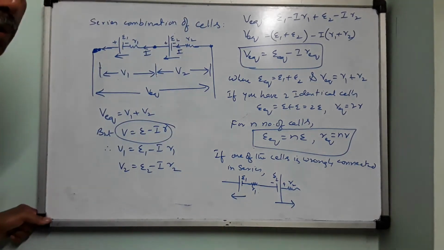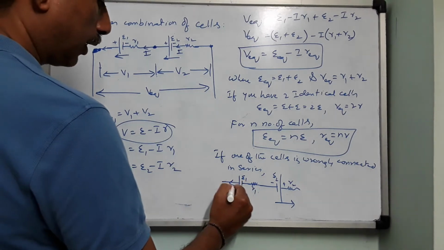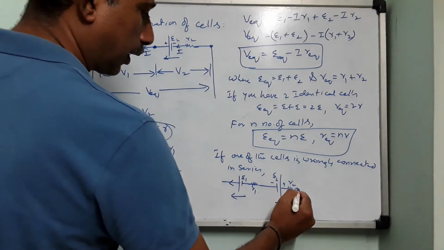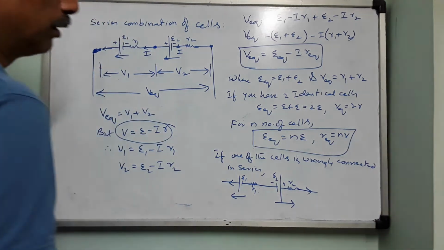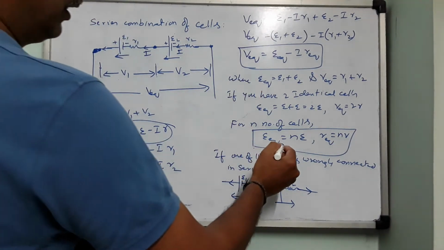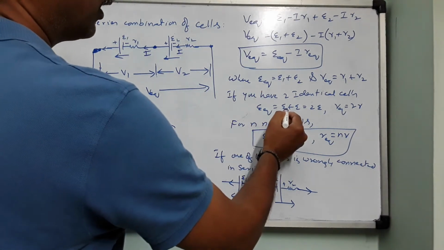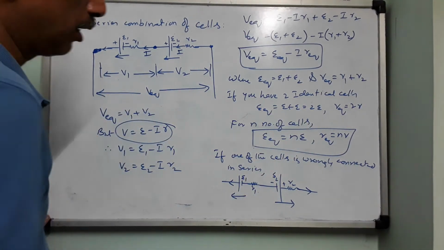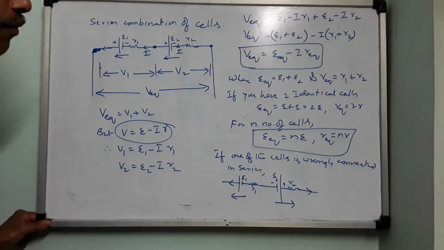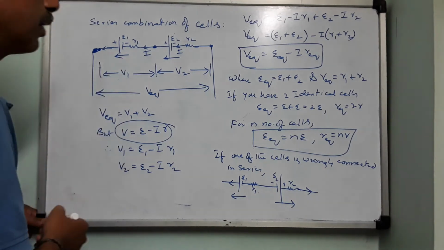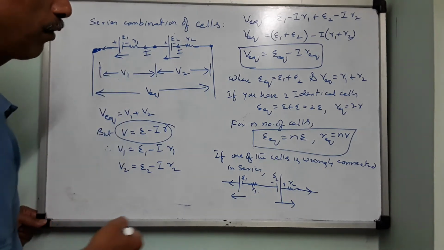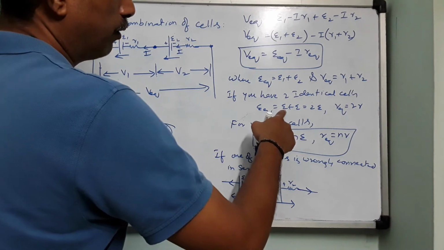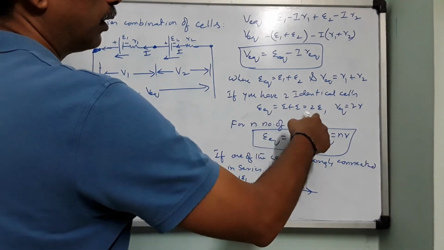So both are opposed, they send currents in opposite directions. This will be sending a current in this direction, this will be sending the current in the opposite direction. Therefore the E equivalent we are writing here cannot be E plus E, it will be E minus E because of the change in the sign of EMF. If there are two identical cells of 1.5 volt and 1.5 volt, then 1.5 minus 1.5 is nothing but what?